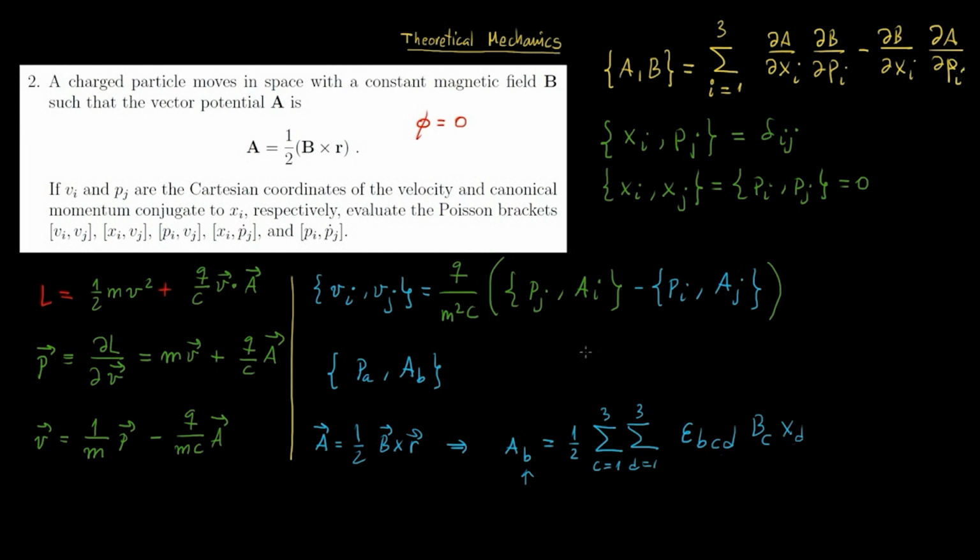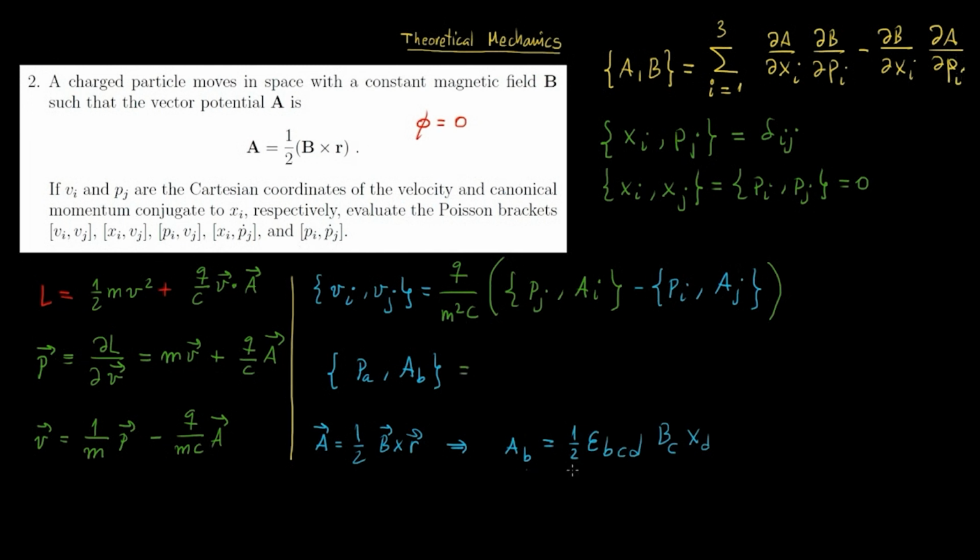But if we have repeated indices c and d in a sum, we can forget these sums because of the Einstein summation criterion: repeated indices imply a sum.